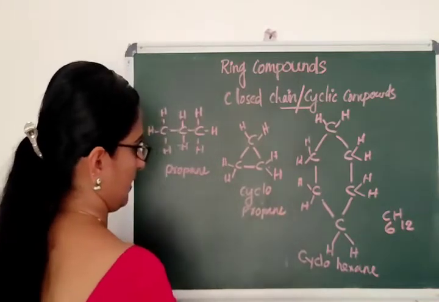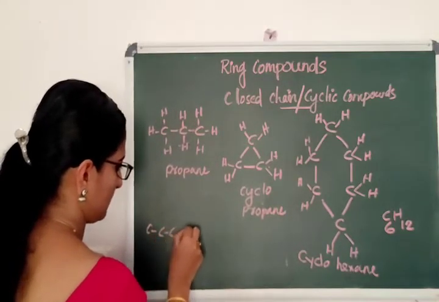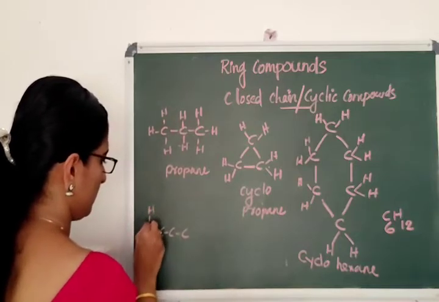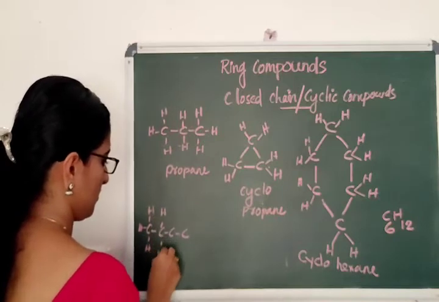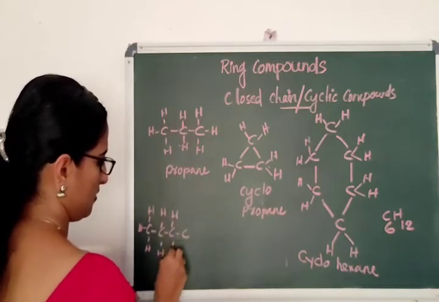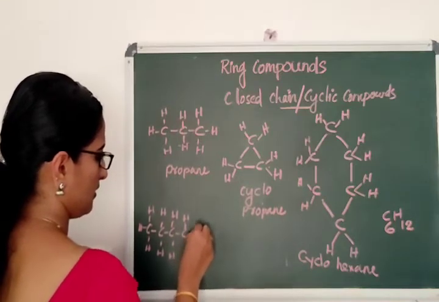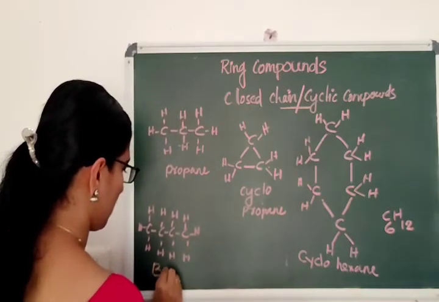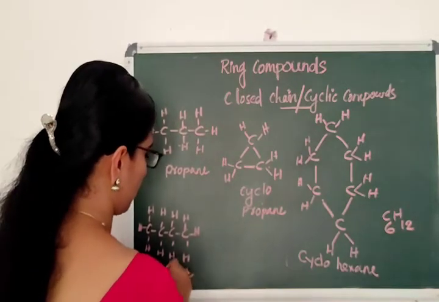Cyclopropane. And if I draw butane, how will I draw? 4 carbon atoms with the hydrogen. This is butane. How do I convert it to cyclobutane?